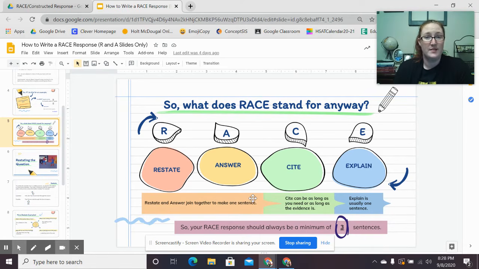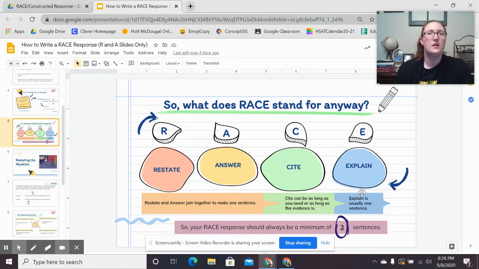After that, you have the citation, which is citing evidence. It's where you give me evidence to prove your answer. You have to back yourself up. Then comes the explain sentence. You're explaining how your evidence, your cite, proves your answer is correct.